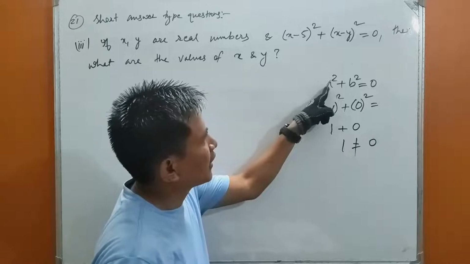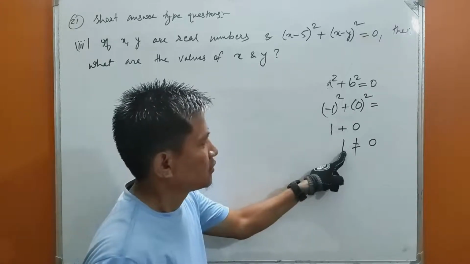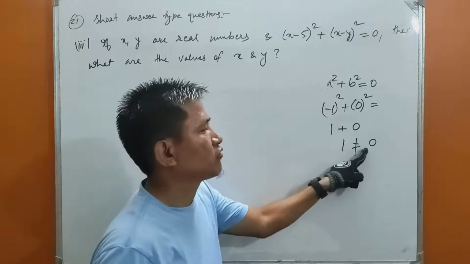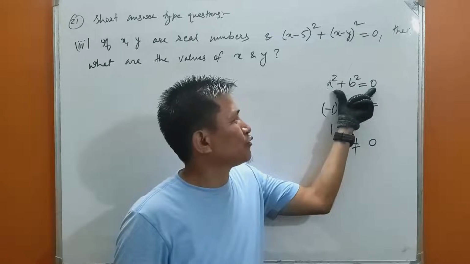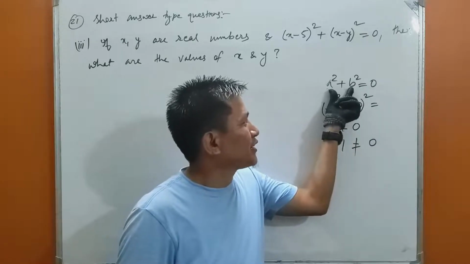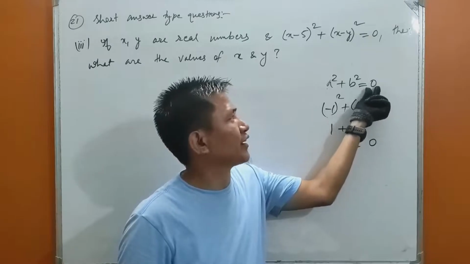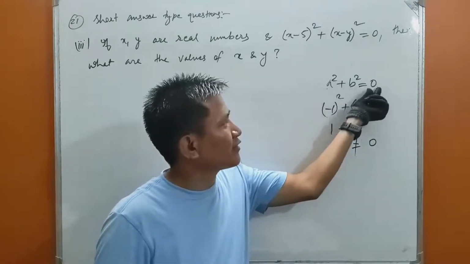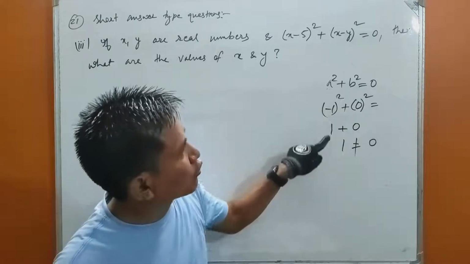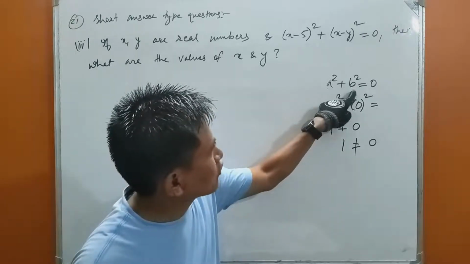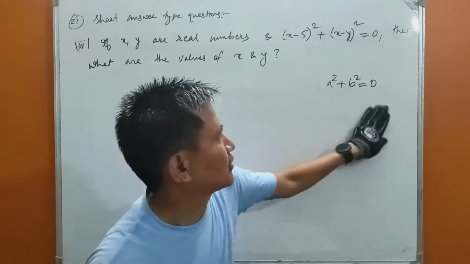So if a is not 0, you will get a number which is not equal to 0. To make the left hand side and right hand side equal, because we have 0 on the right hand side, we should have a square equal to 0 and b square also equal to 0, then only the left and right will be equal, isn't it?